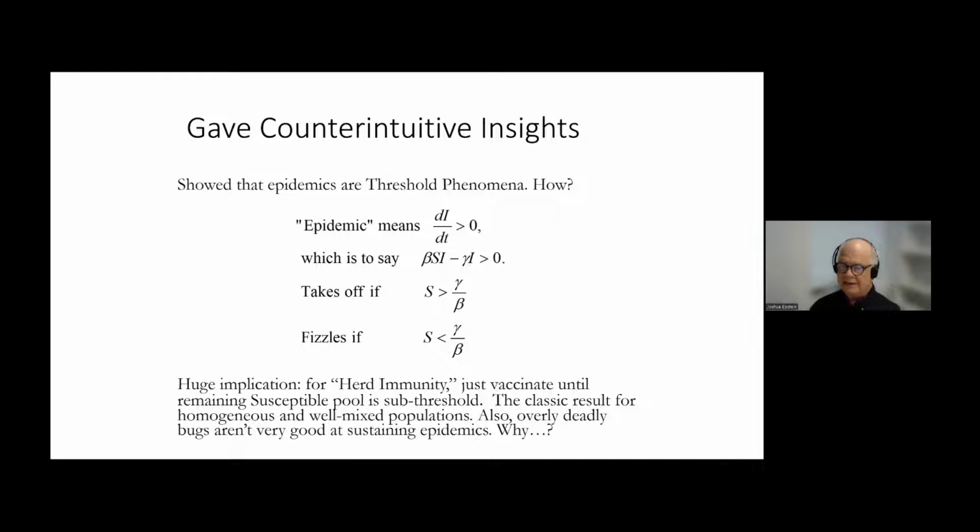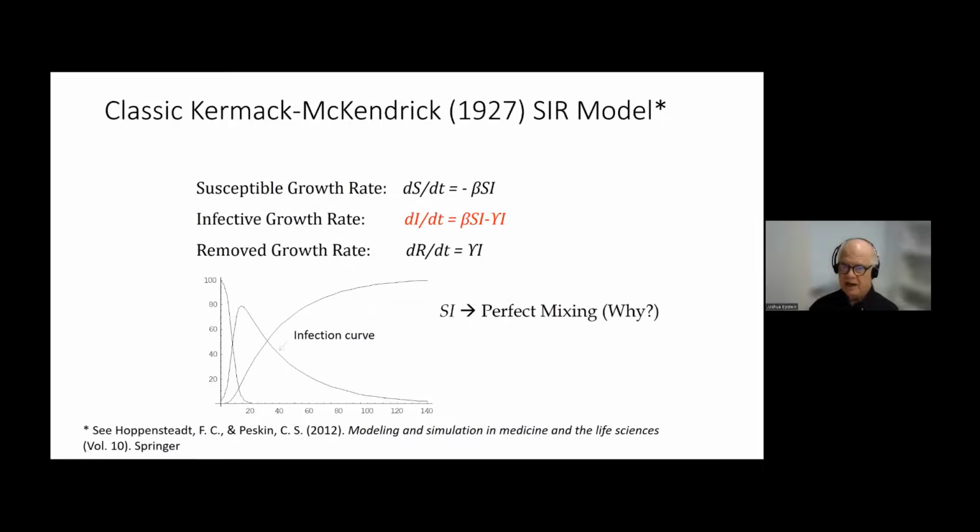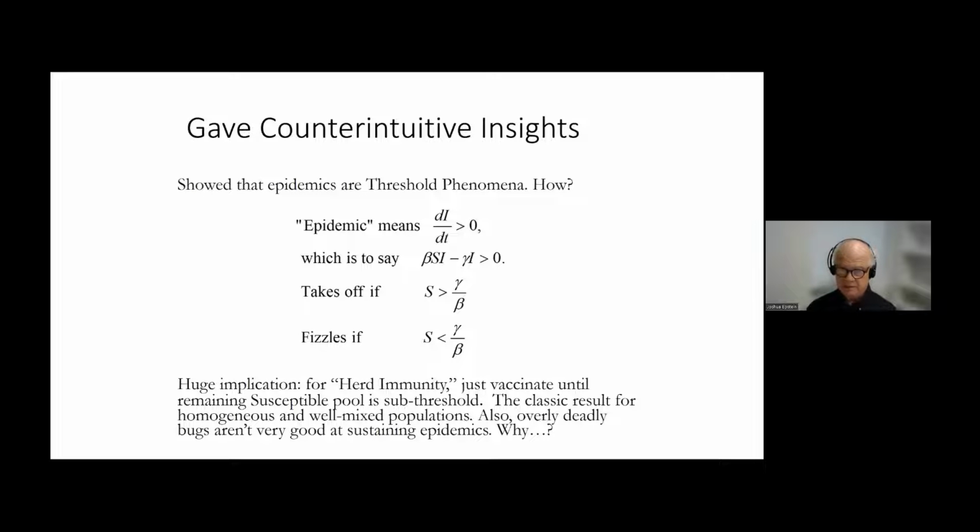It means that dI/dt is positive, but dI/dt is beta SI minus gamma I, so that must be positive. Oh, so well, then that must mean the susceptibles exceed the removal rate over the transmission rate, and that the thing dies out otherwise. So it takes off above this threshold and fizzles out otherwise.